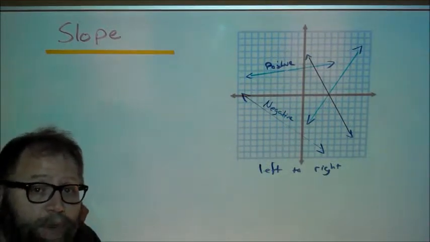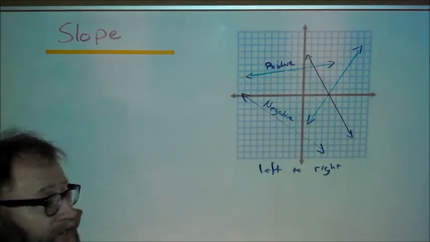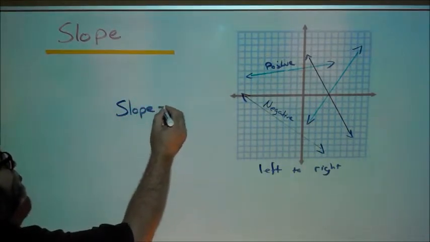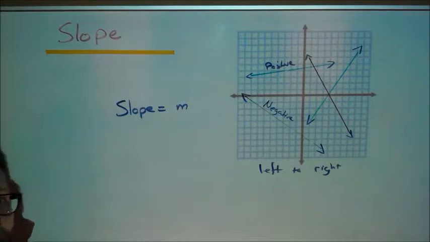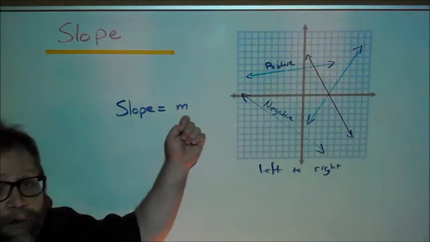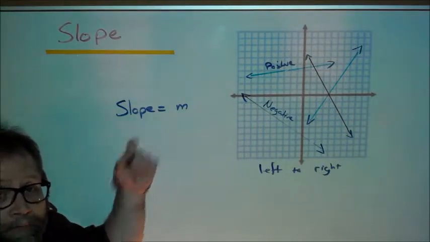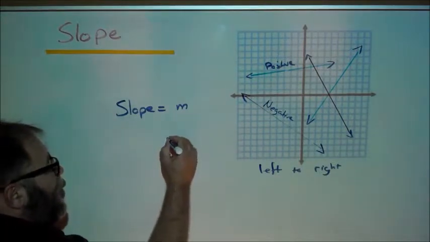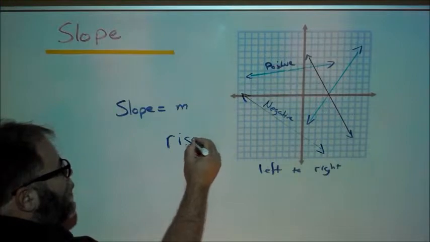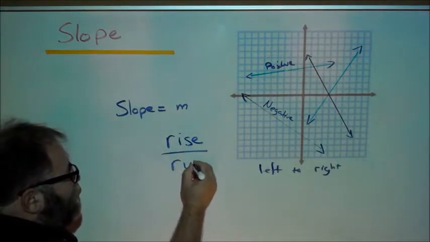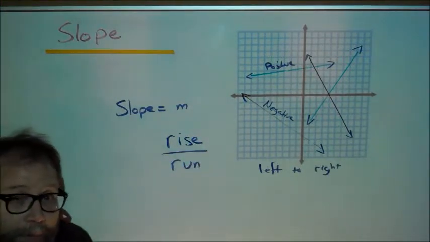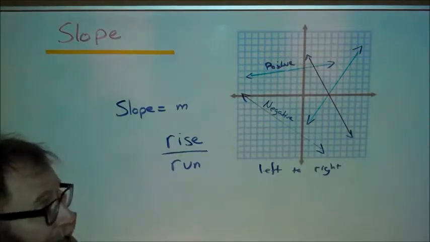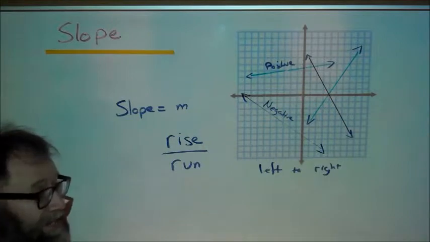Now, for our purposes, we're going to use this in equation form. What we have for slope is the letter m, and the letter m is going to be our variable that represents slope. Now remember, slope is a comparison of how that line rises versus how it runs. It's a comparison of x to y, or more specifically, y to x.